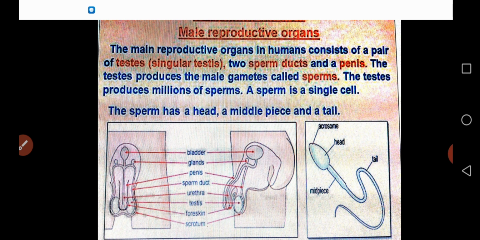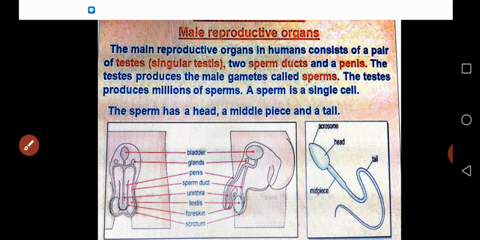Similarly, I already told you that the male reproductive system contains a pair of testes situated in the scrotum, which is present outside the abdominal cavity and behind another very important part of the male reproductive organ, that is, the penis. This part is what we call the penis. Behind this penis there is the testis.